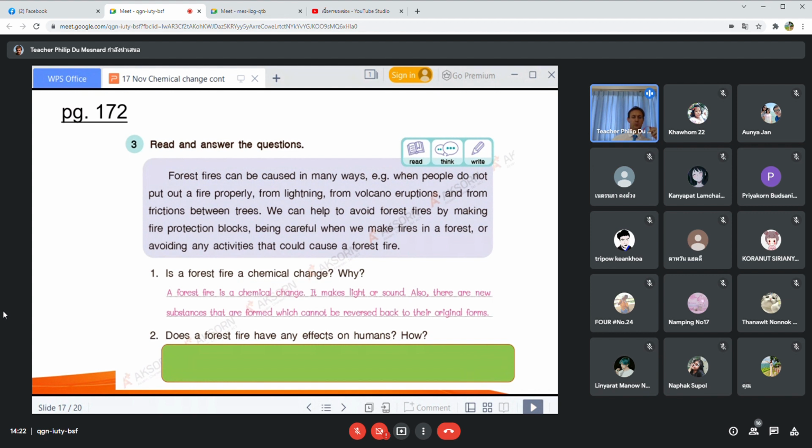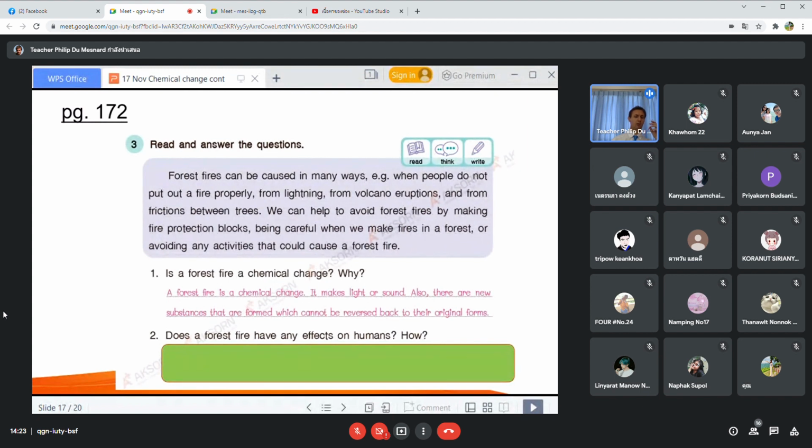Okay, the last question. Does a forest fire have effects on humans? If you go into the forest fire, how are you going to feel? Will you be happy? The forest fire makes smoke.